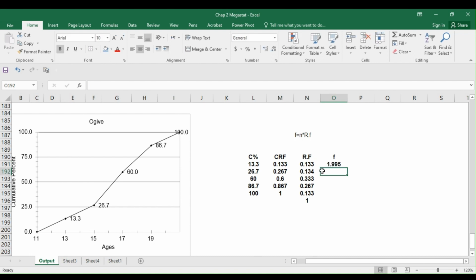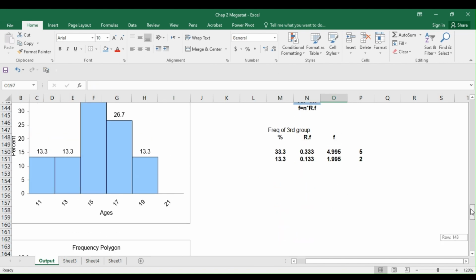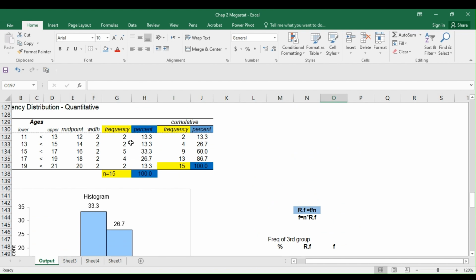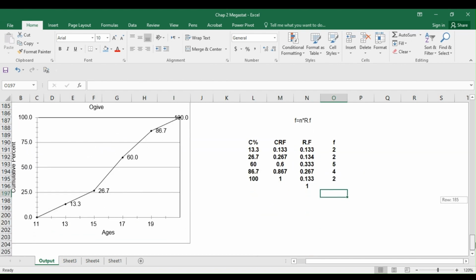We get this thing. Here approximately 2. Let's see if I can pull it down. Yes, it is working. Now this is in 3 decimals, so I am going to put it in 1 decimal. So now we have our frequency. Let's put without decimal. See here 2, 2, 5, 4, 2, and you will see the same frequency here.